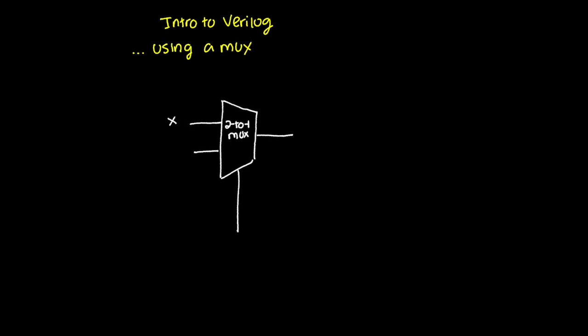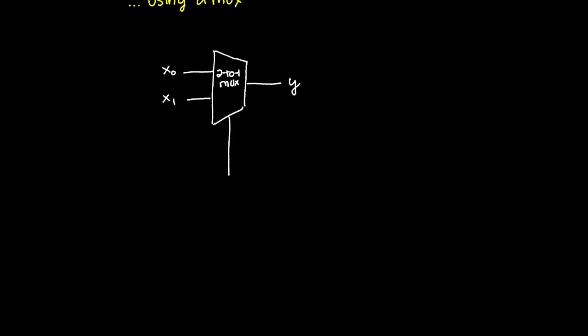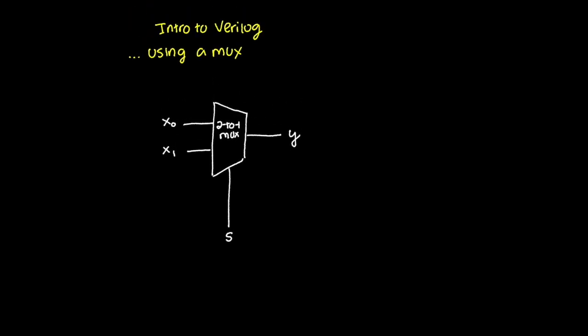So a mux will usually have inputs x1 and x0. So this is a 2-bit mux. We'll always have a single output. And I have 2 bits for my input and then a third bit that operates as my selector.